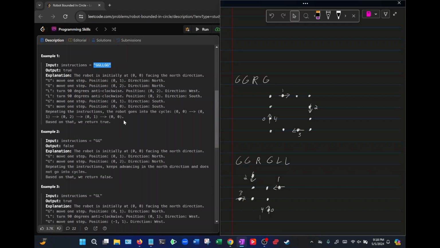It says it here in terms of the cycle of the individual steps, but we can think of this in terms of iterations through the instructions. So in this example 1, you start at the origin. After going through the instructions once, you end up at some other point. And then after going through the instructions twice, you end up back at the origin facing north. And then you repeat that again.